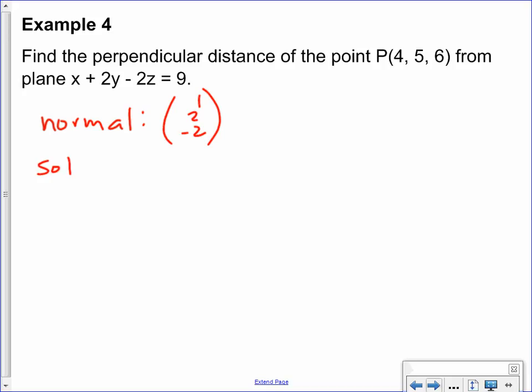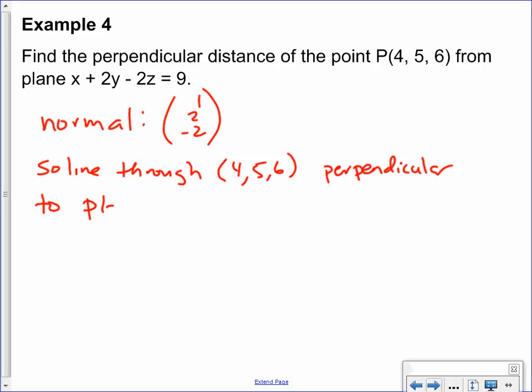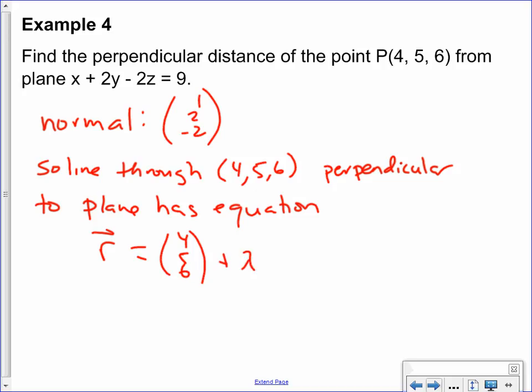The line through (4, 5, 6) perpendicular to the plane has equation r equals (4, 5, 6), that's your position, plus lambda (1, 2, -2).